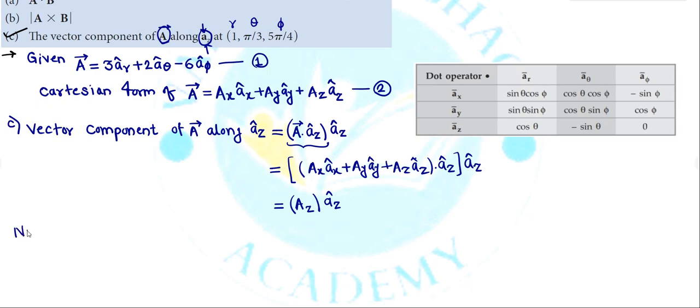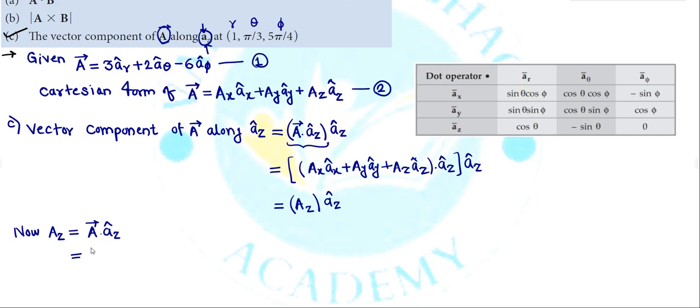The component of the given vector A along the z direction is nothing but your given vector A having the dot product with respect to its unit vector, that is Az. You can refer to my previous videos if you are confused, and if you have referred already, you have the logic why we write it like this. So Az will be the vector A having the dot product with respect to the unit vector along z direction, that is Az.